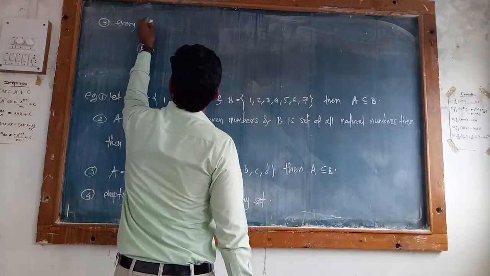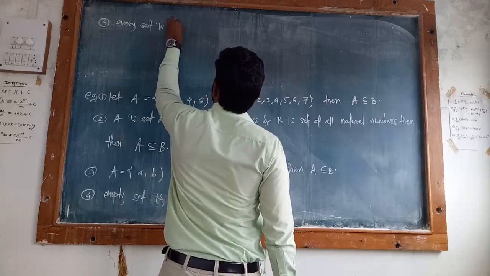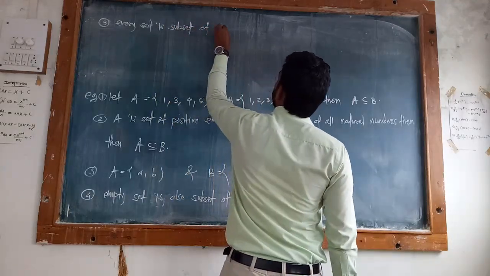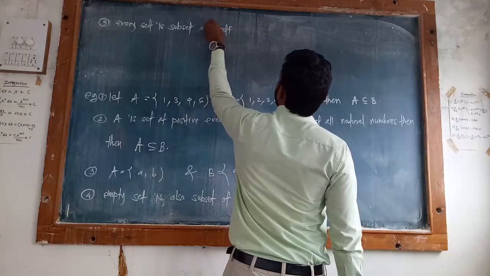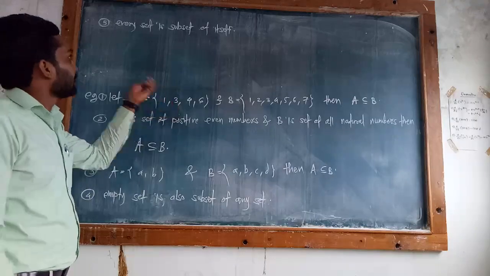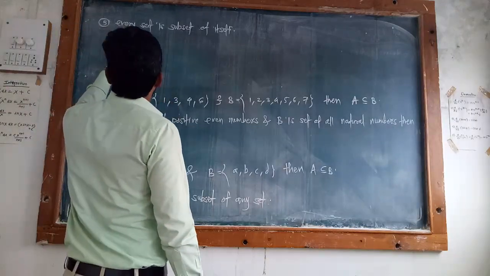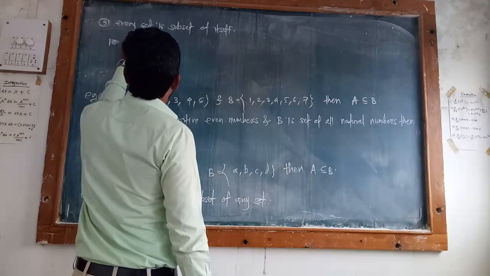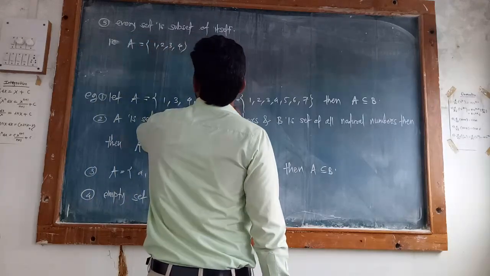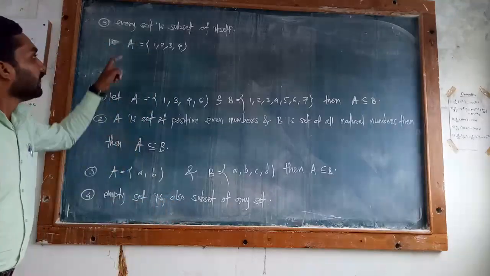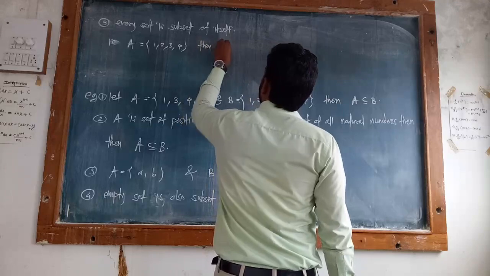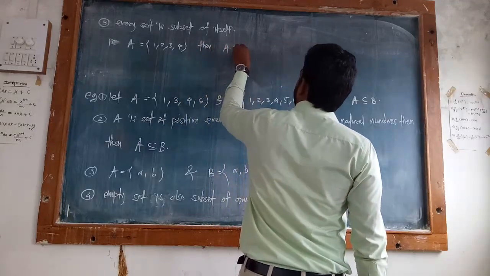So next, the fifth example. Every set is a subset of itself, right? Because if you take set A, that is, if your set A is {1, 2, 3, 4}, is that set A also a subset of itself?